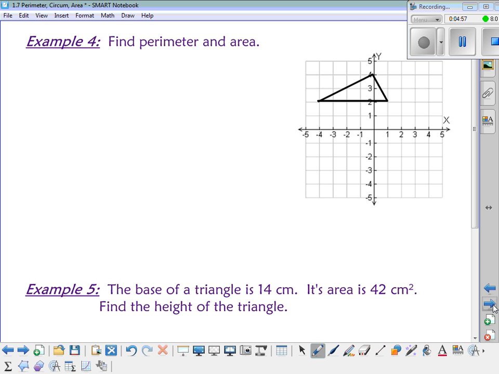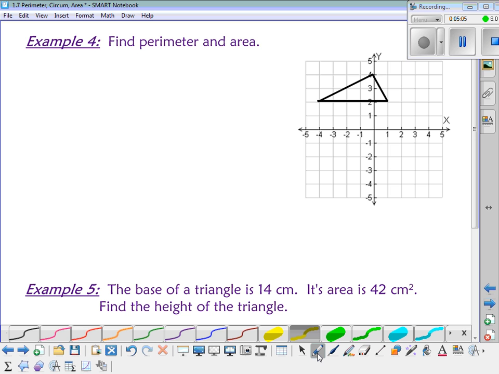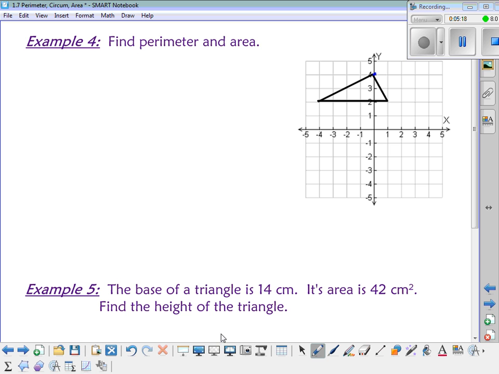All right, so you are going to run into some problems where they give you coordinates for a triangle or some other figure, and you have to determine the perimeter and the area. So this point up here is supposed to be at 0, 4.